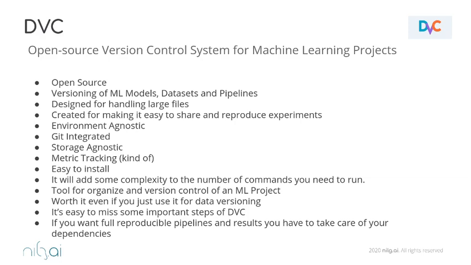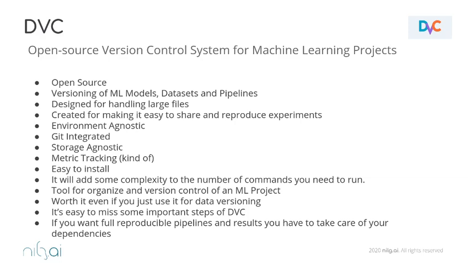So basically, it's extremely versatile because it's environment agnostic. It's Git integrated, so it's well connected to Git. The problem with using Git for handling large files is that if you keep track of gigabytes of files, it gets problematic.